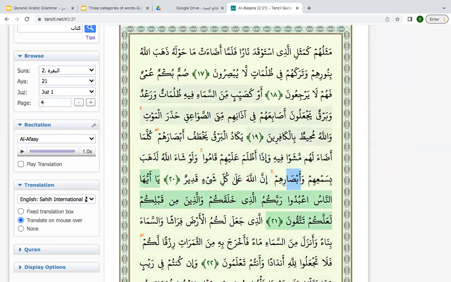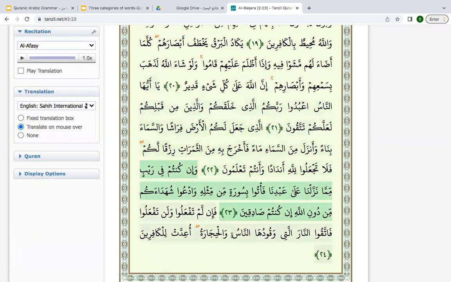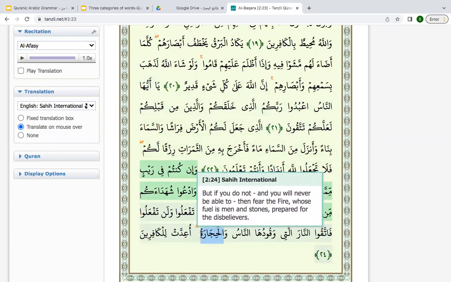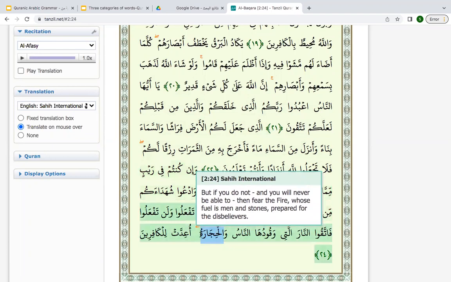Okay. Your word is azanihim. The word is azan, and that means ears. Why feminine? Okay. So I think most of you have understood how we are going to classify our feminines.